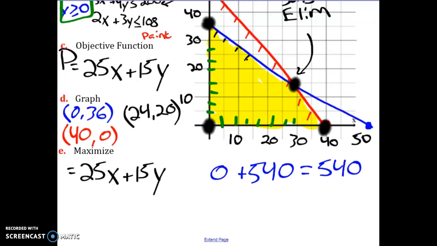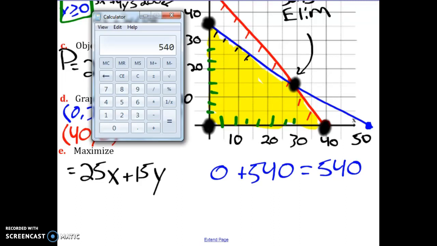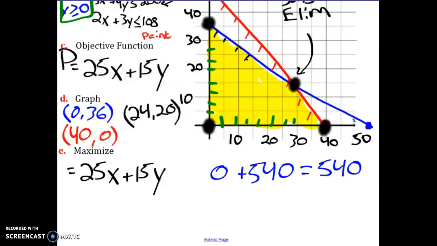All right, at 40, 0, that would be 25 times 40. Let's get our calculator out again. And I realize a lot of us can do this mentally. It's going to be $1,000. So we have 1,000 plus 15 times 0, that's just 0. So that equals a total of 1,000.